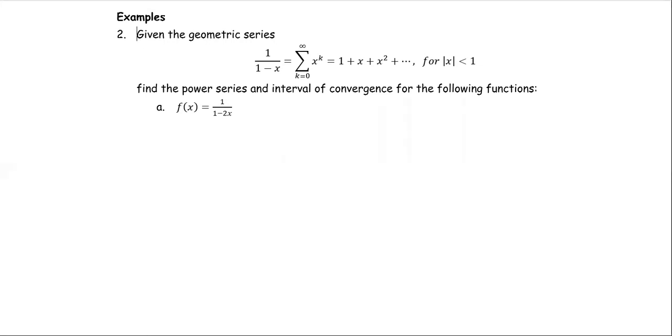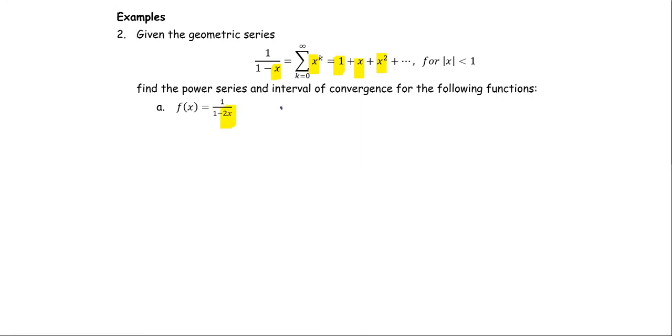We're going to use the pattern from the given series, 1 over 1 minus x is the summation of x to the power k, equals x to the power 0 plus x to the first plus x to the second and so forth. Therefore, for 1 over 1 minus 2x, we can replace x with 2x.